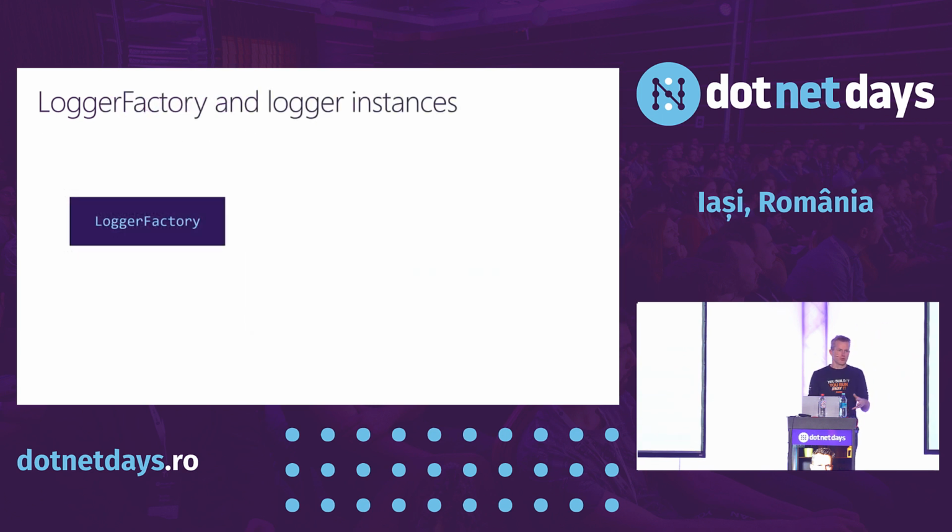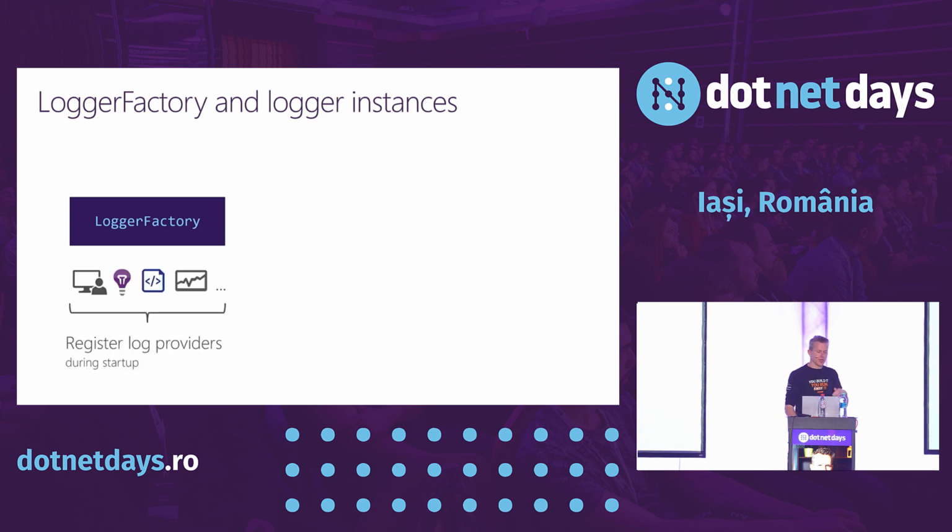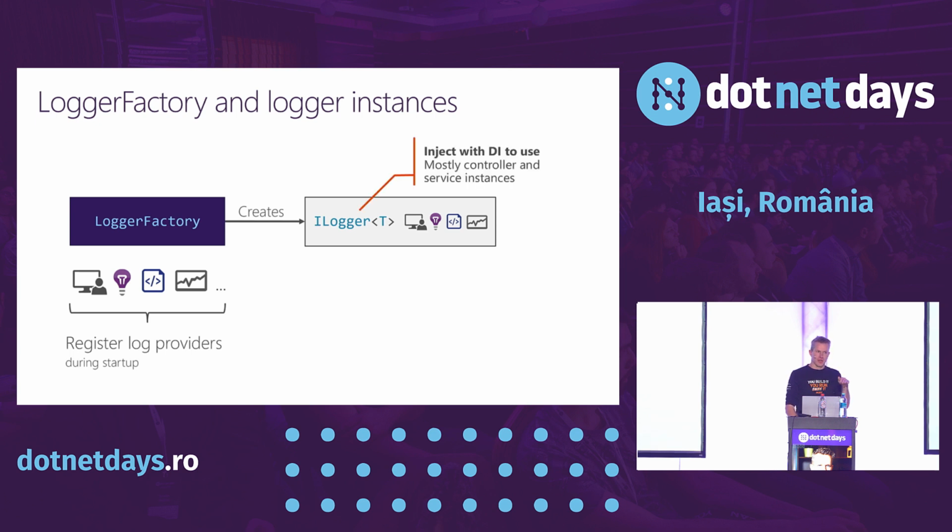All you need to do is, with this LoggerFactory that's being constructed under the hood, they have all the log providers that are registered. Every time you inject something like an ILogger of T from the dependency injection system, it will have all of these registered log providers attached to the instance of the logger.